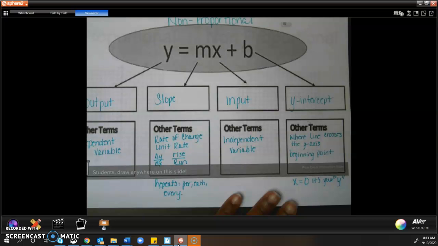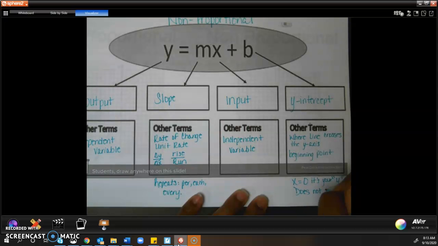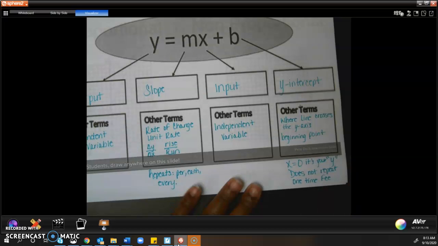So that's obviously where your line would cross the y-axis, as well as on the table, when x is 0, whatever your y is, is your y-intercept. Okay, and it does not repeat. It's a one-time fee.